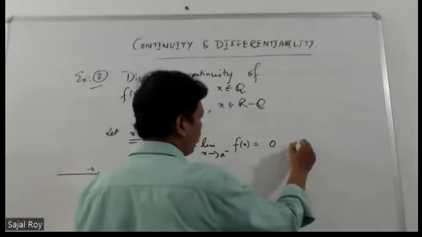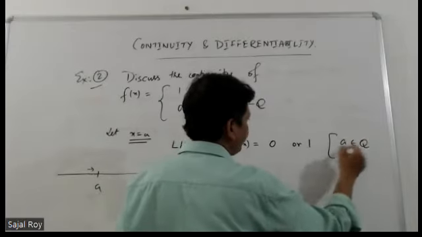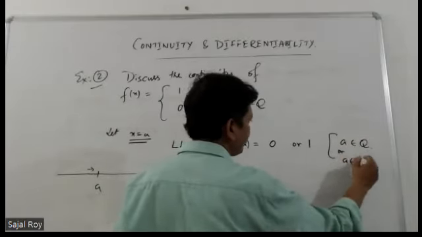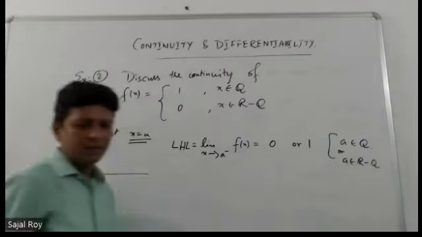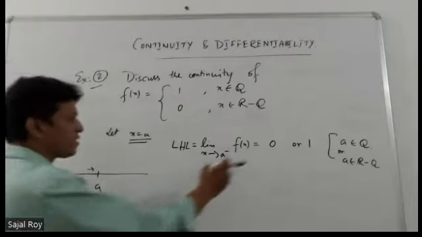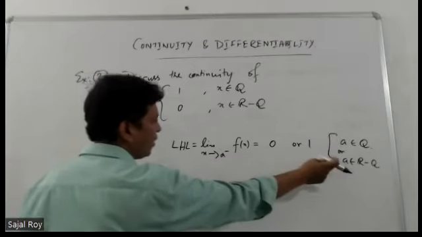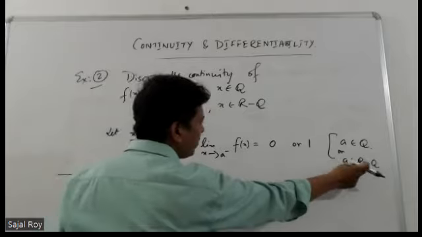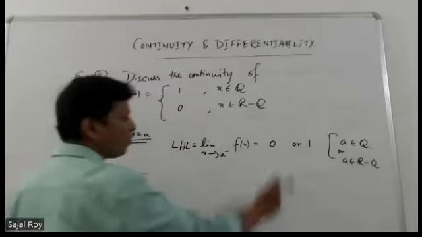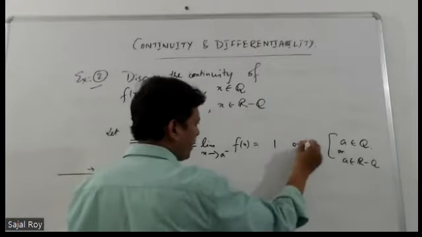It can be 0 or 1, according as a is rational or irrational. Better to write 1 or 0.